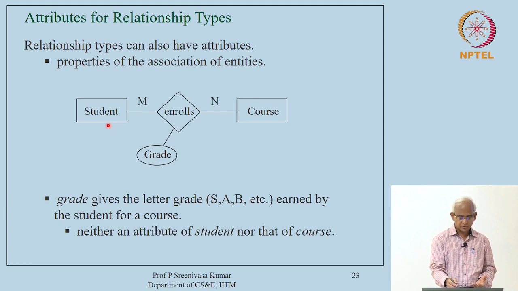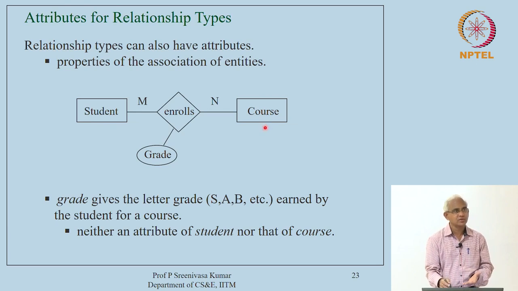When the student has taken that course, this is the grade that he or she has obtained. In a similar way, it cannot be an attribute of the course, because why would we give a letter grade to a course? So when the student has taken a course, that association is the one that has the grade attribute.